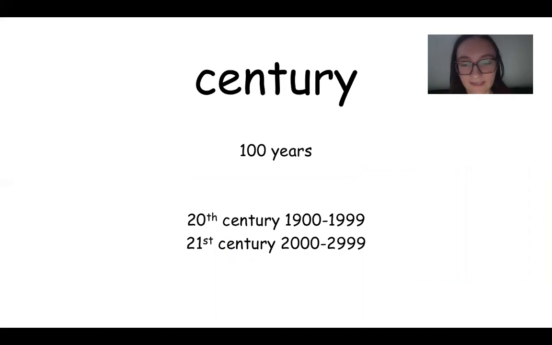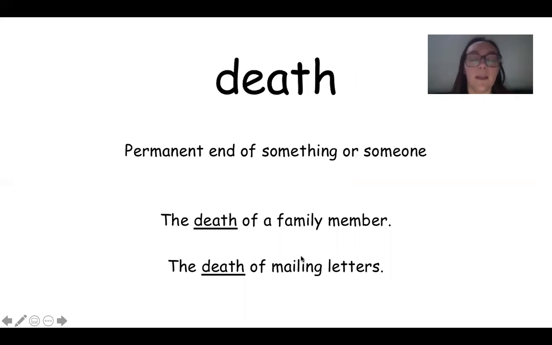So the 20th century was 1900 to 1999, and then it became the 21st century in 2000 because 100 years, right? It became 2000 because after 1999 is 2000. It's a new century. Next word is death.